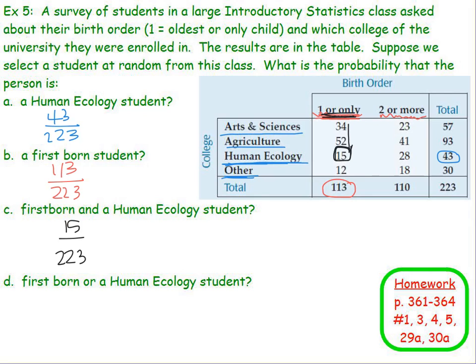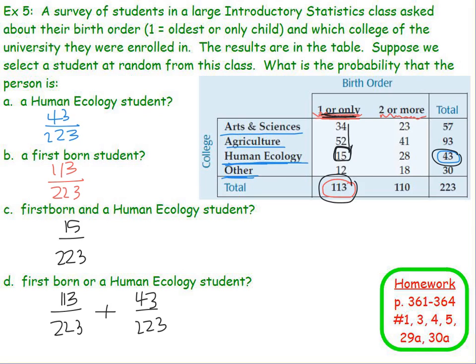So now we look at one last question. Firstborn or human ecology? Well, or means add. So firstborn, we've already learned from part B, is 113 out of 223. Or means add. Human ecology, we learned from part A, is 43 out of 223. However, we counted some kiddos twice.